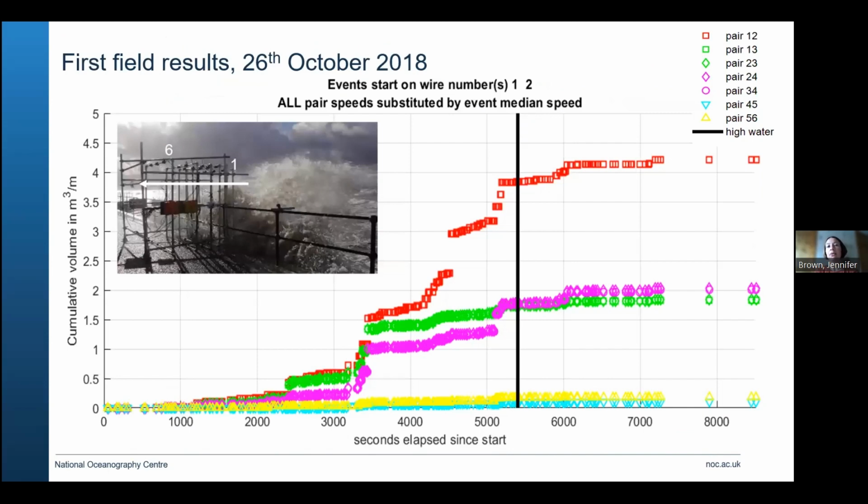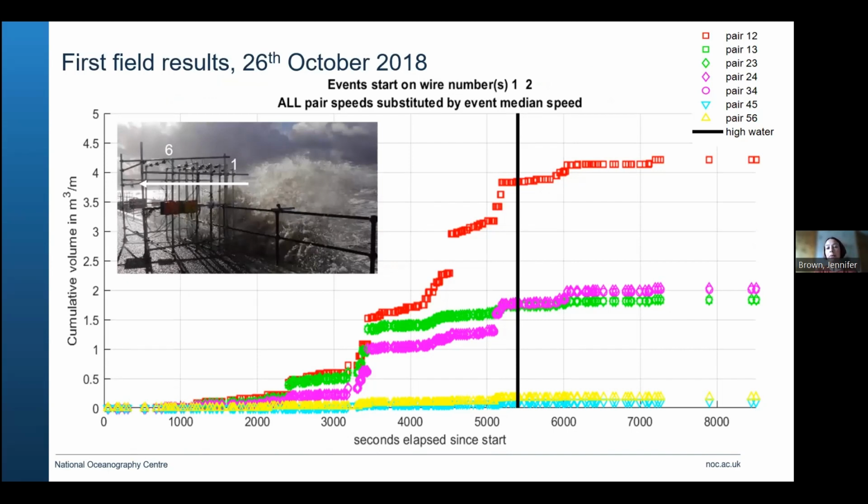And these are the results from one of the very first deployments. Each coloured line represents the position of a wire going inland. So the red is the first wire, which is at the very edge of the seawall, and the cyan, which is the flattest line, is the 6th wire, which is the inlandmost wire.